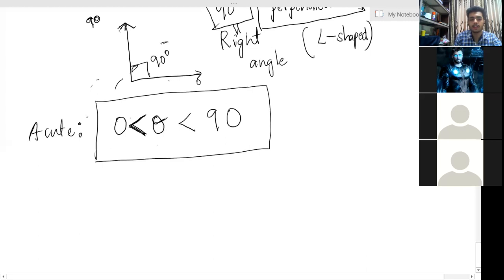Theta means the angle, right? This is the symbol for lesser than, and this is the symbol for greater than. That is, theta is greater than 0 but lesser than 90. Then you know that if theta is equal to 90, then we call it a right angle.